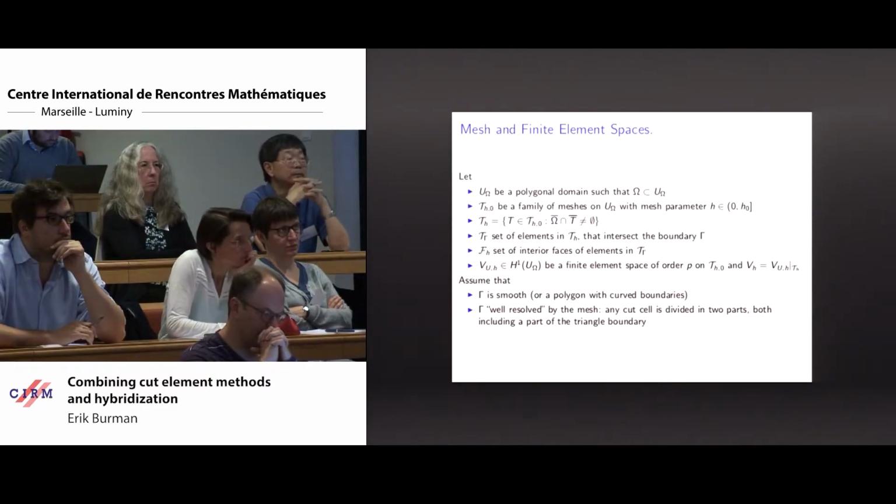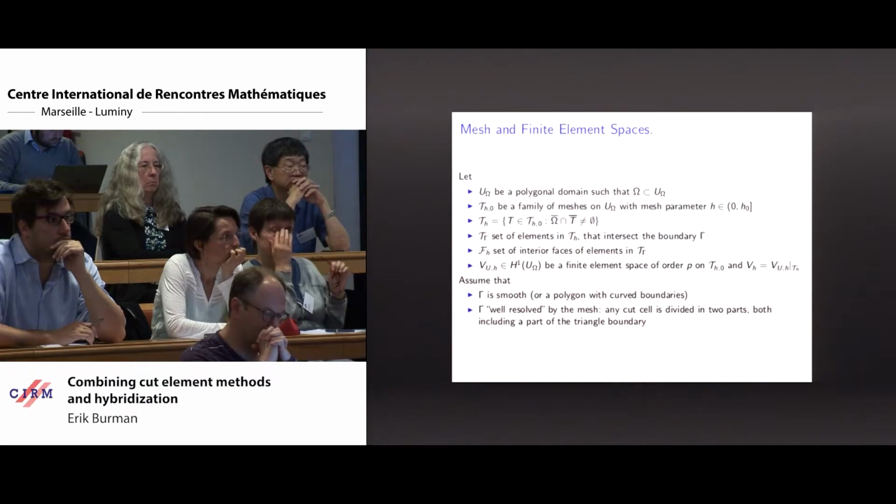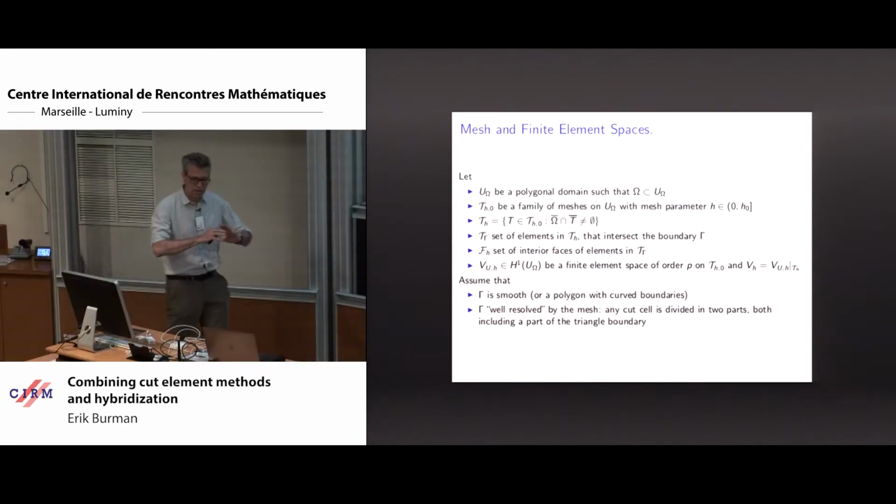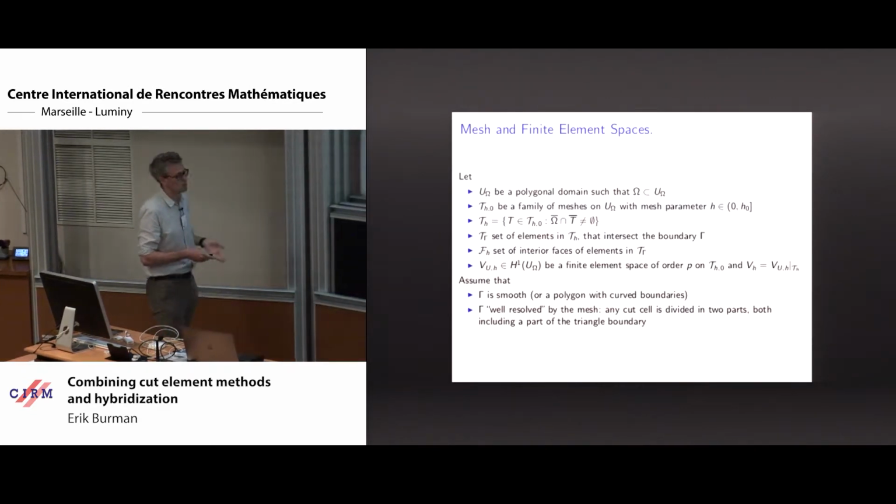So we have some assumptions here, some sufficient conditions on gamma. Let's say that it's smooth, or it can be a polygon with curved boundaries. And it's well resolved by the mesh in the sense that typically any cut is divided in two, and that both parts include a part of the triangle boundary.